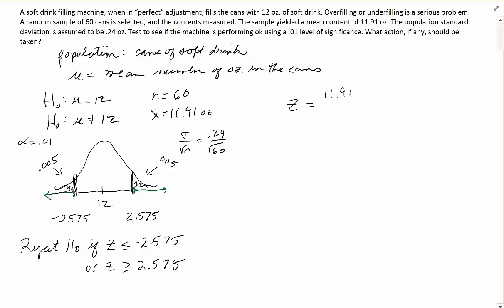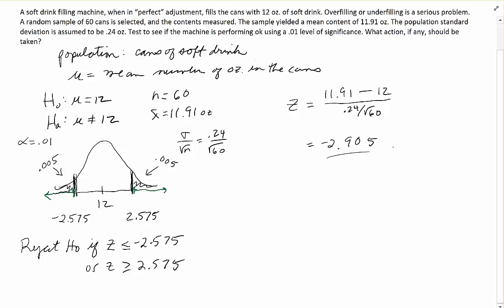What is the test statistic for the 11.91 ounce sample mean? How far away from the 12 ounces is that in standard deviation units? So I would need to divide by 2.4 divided by the square root of 60. And I get negative 2.905.